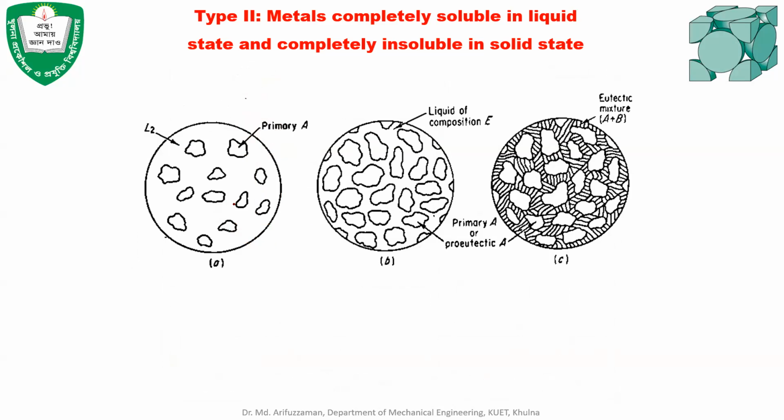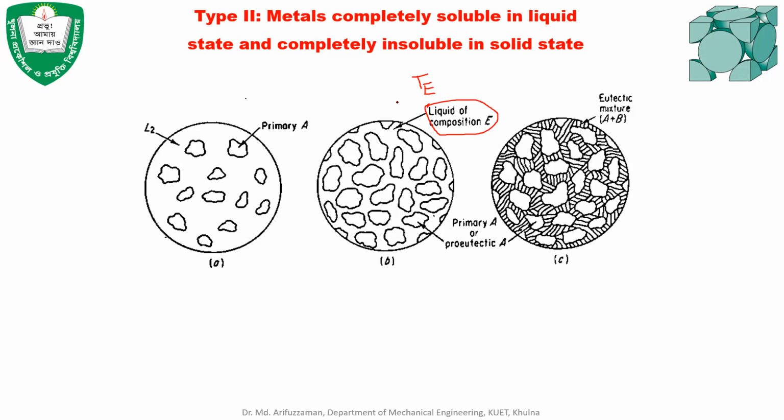Okay, now this is the graphical illustration. When the temperature reaches T4, that means just before solidification, there will be primary A, that means the grains of A that have already developed. The grains of A will remain like this, and the liquid present in here will have the eutectic composition, and because the temperature is also the eutectic temperature, the reaction will now be the eutectic reaction.